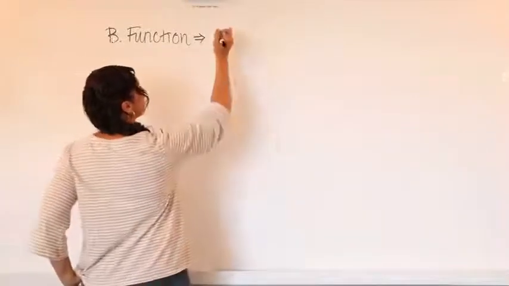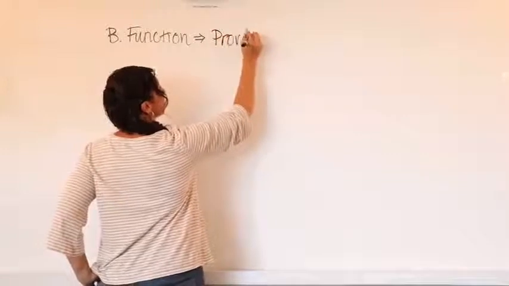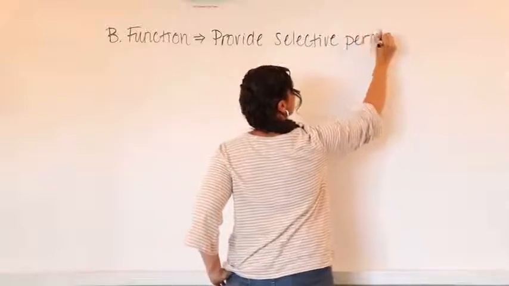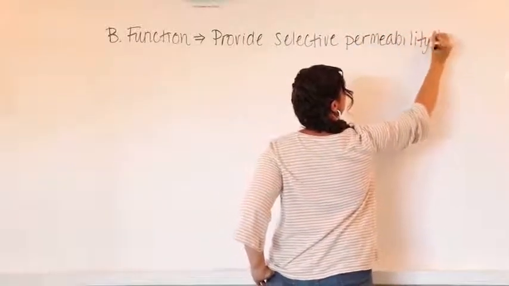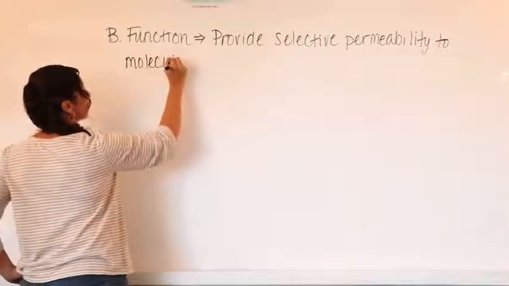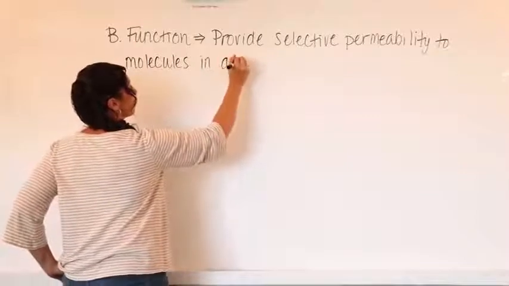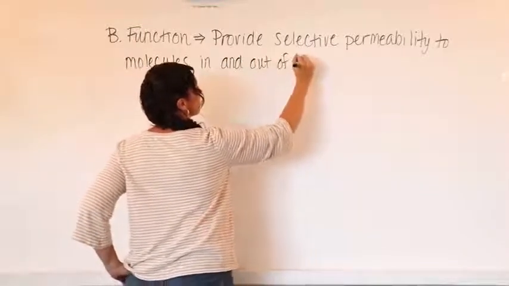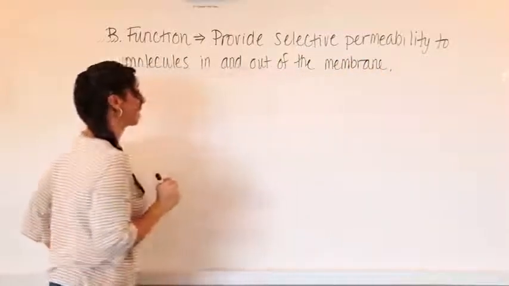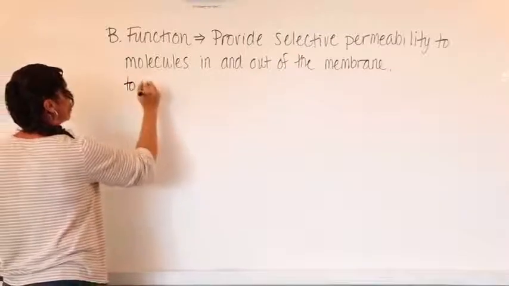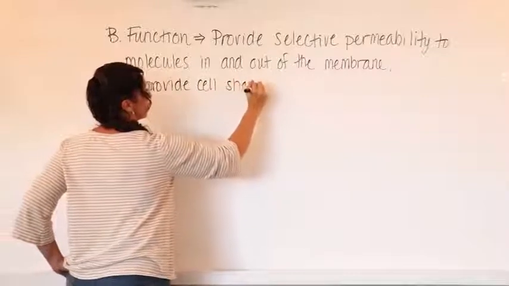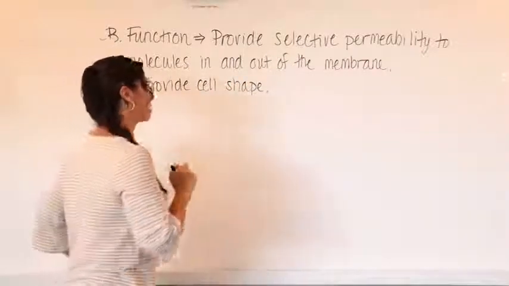So the function of a cell is to provide selective permeability to molecules in and out of the membrane, to provide cell shape, and to provide cell attachment.